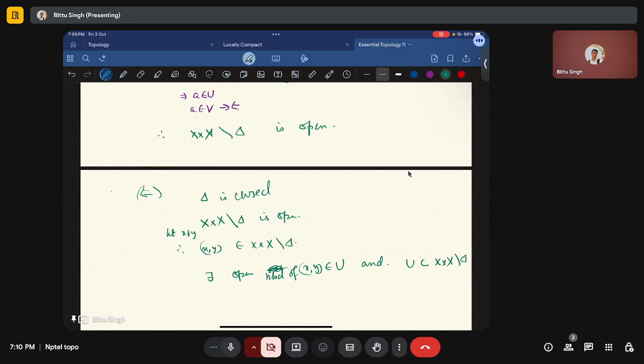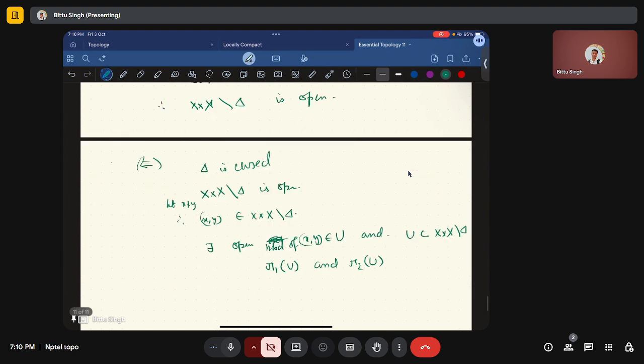Okay. Now take the projection. So pi 1 of U and pi 2 of U. The idea is like this: this is the space X cross X. Now we are deleting this diagonal line, then the claim is that the remainder is open.